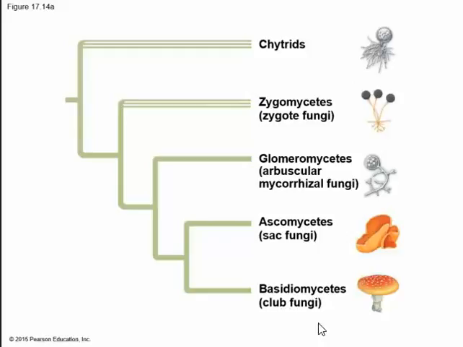It doesn't show the imperfect fungi in here. These are just sexual. They're just recognizing these 5 categories based on the fact that these all will reproduce sexually.